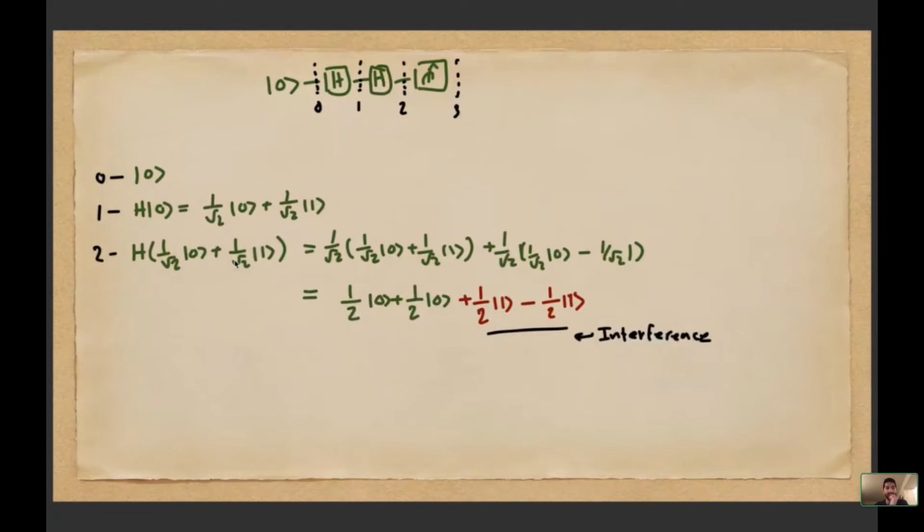So you Hadamard this state, so you get 1 over square root of 2 times the Hadamard of 0, which is this guy, plus 1 over square root of 2 times the Hadamard of the 1 state, which is this guy. If you write this all out, you multiply these out, you get a half of 0 plus a half of 0 plus a half of 1 minus a half of 1. These two cancel out, and you're just left with a 0.